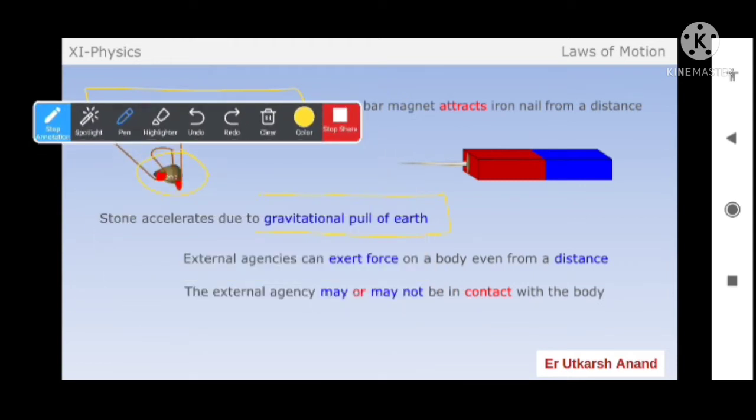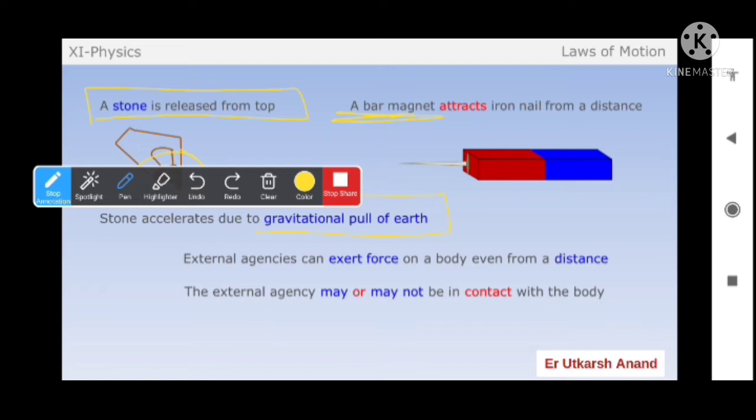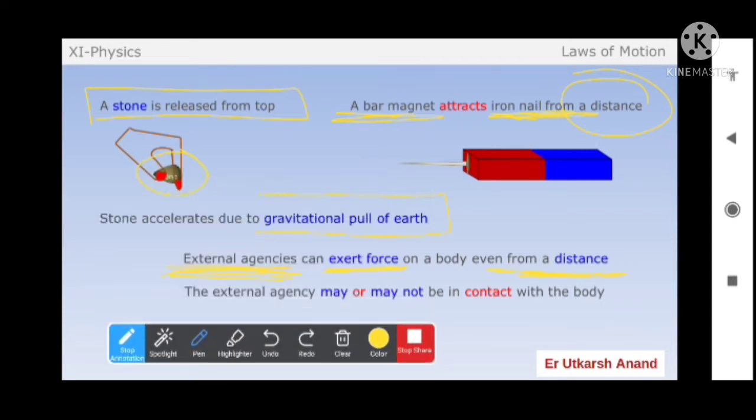Similarly, there is a bar magnet, and it would attract iron nails even from a distance. In all these examples, there is some external force or external agency that exerts force even from a distance, like gravitational force acting on this stone even when it is away from the surface of the earth. Similarly, this bar magnet attracts the iron nail even from a distance.